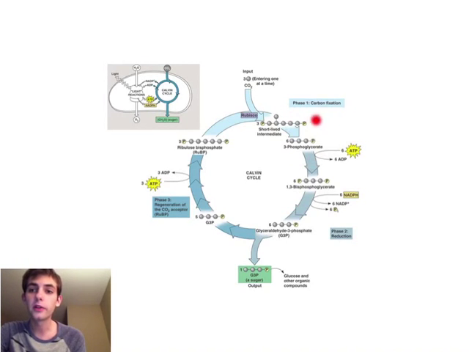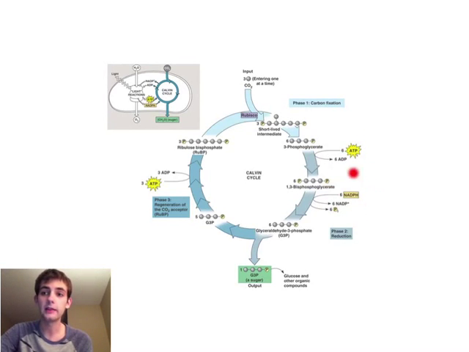That 3-phosphoglycerate is going to be broken down in 2 steps using ATP and NADPH to form G3P, which is glyceraldehyde 3-phosphate. That G3P is going to be used to produce sugars, and some of that, again, remember, is going to go back around to form RuMP, which can then be phosphorylated or add a phosphate to form RuBP.